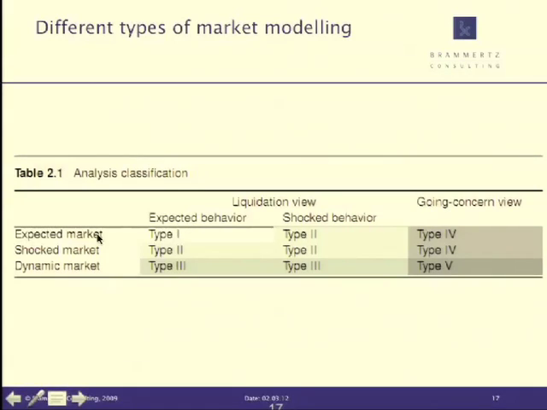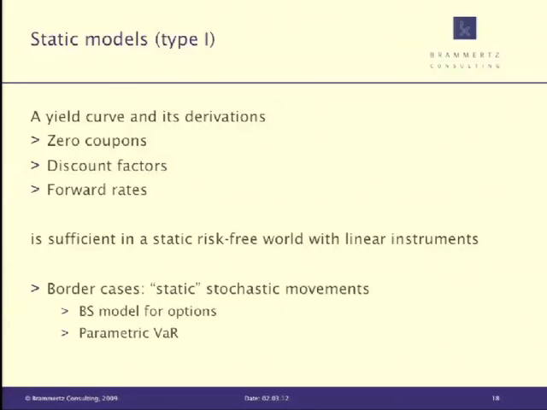So let's go to type 1. With type 1, I mean expected behavior, expected market, so everything nice and easy. We have a yield curve and its derivations.